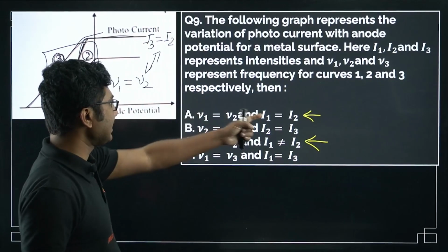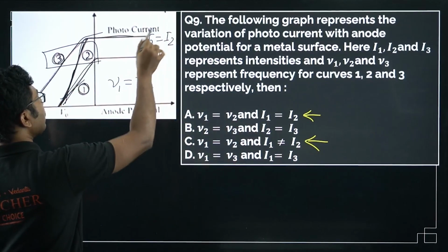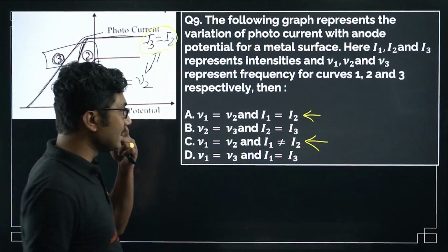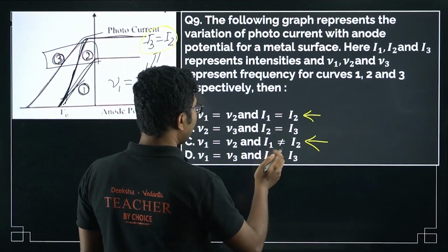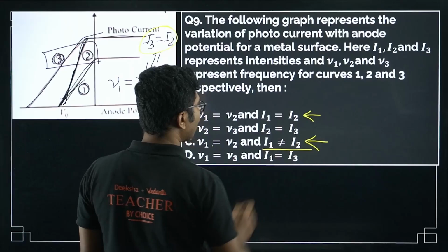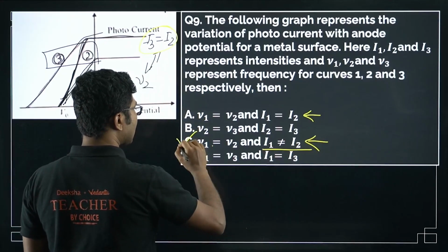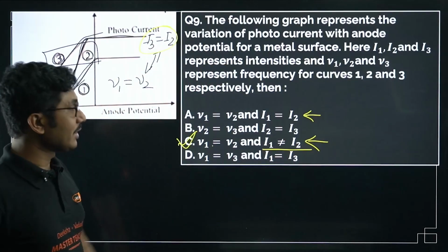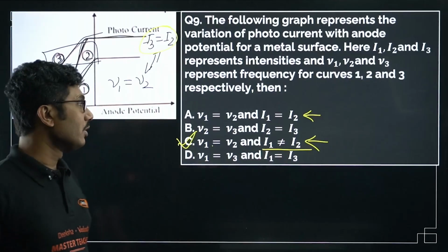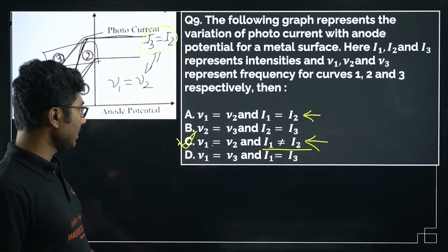Now in this case they have given I1 equals I2, so this is not correct. I1 is not equal to I2, and in this case they have given I1 not equal to I2, so definitely this is correct. I3 is equal to I2 and I1 is not equal to I2, so option C is the correct answer for this question.